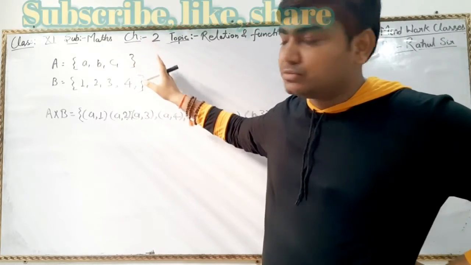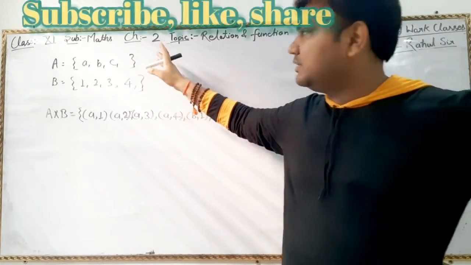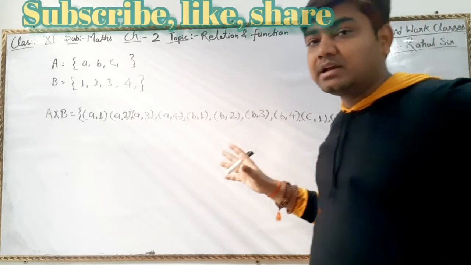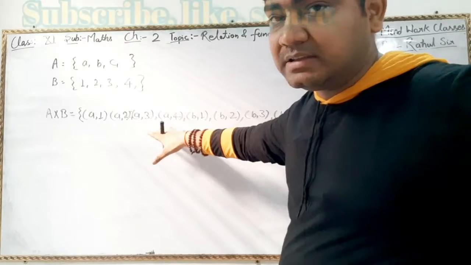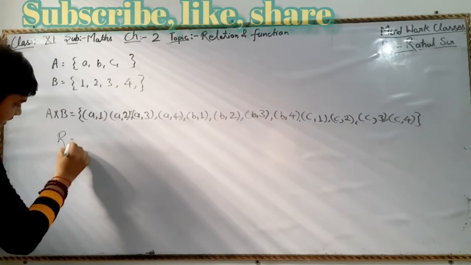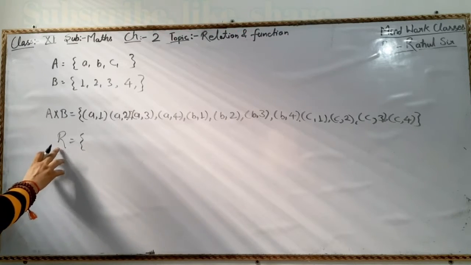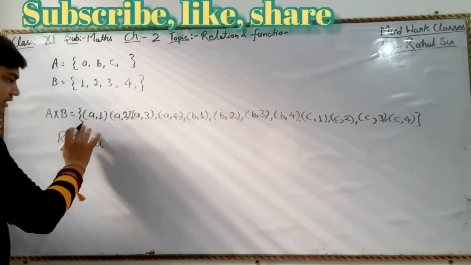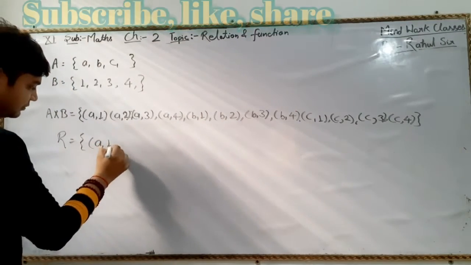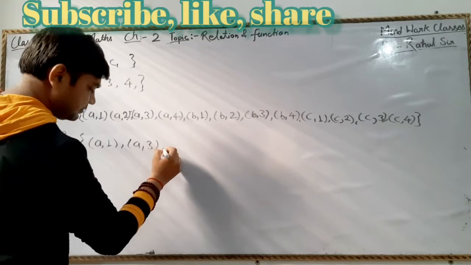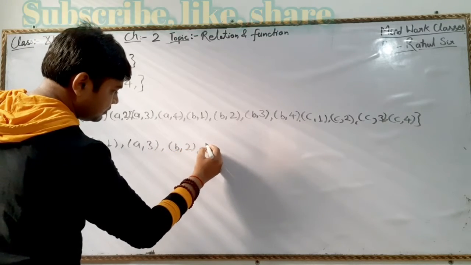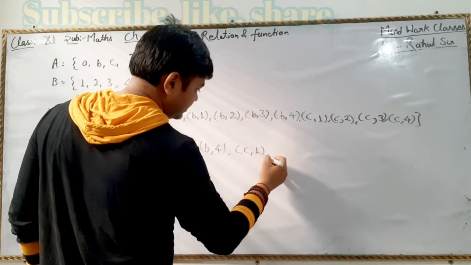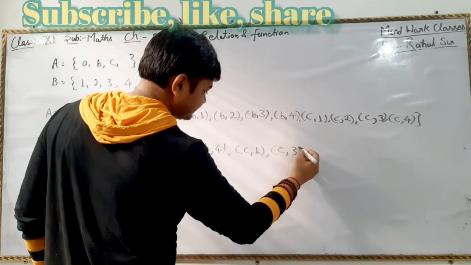If we multiply any two sets, that means we find out the Cartesian product of any two sets, and if we take a subset of this Cartesian product, let us say this R is relation, then let us say we are having here a few elements, that means the subset of this whole set: A1, A3, B2, B4, C1, C3, C4.